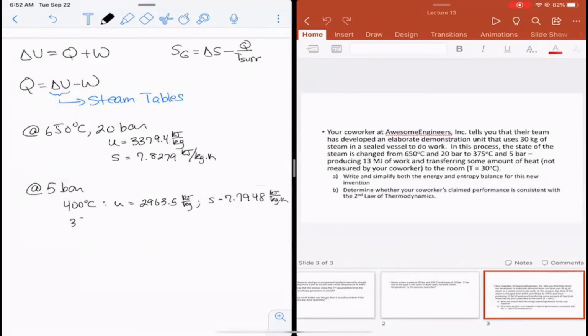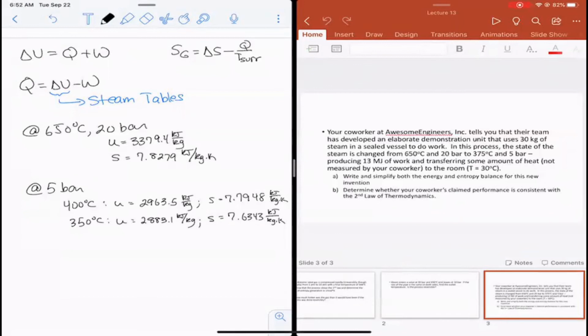And then at 350 degrees C and 5 bar, the internal energy is equal to 2883.1 kilojoules per kilogram. And because we're at a lower temperature, we're not surprised that the internal energy is less. And then the entropy is equal to 7.6343 kilojoules per kilogram Kelvin.